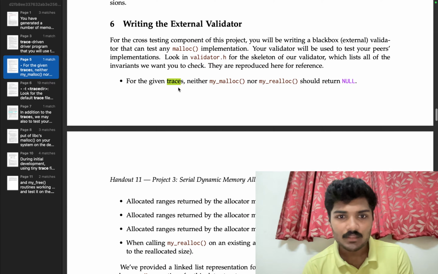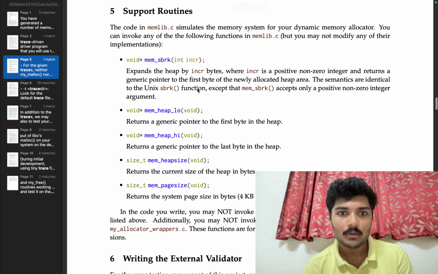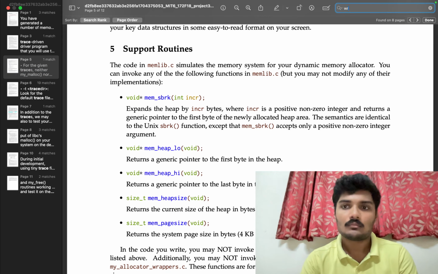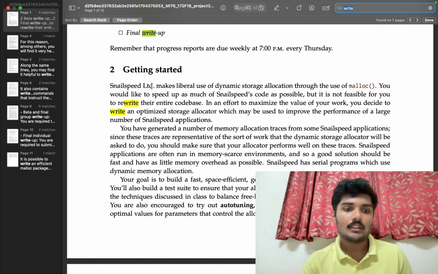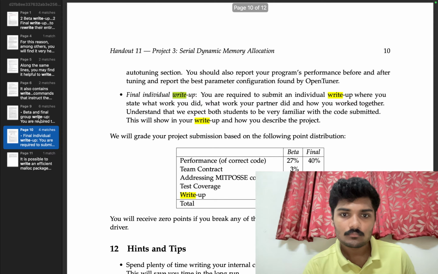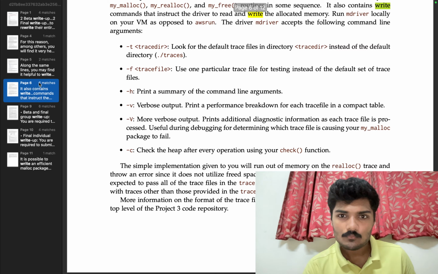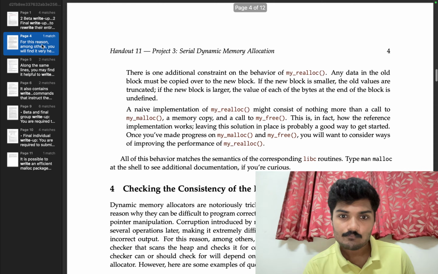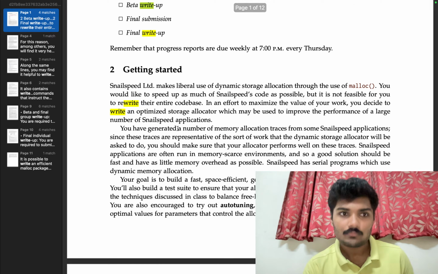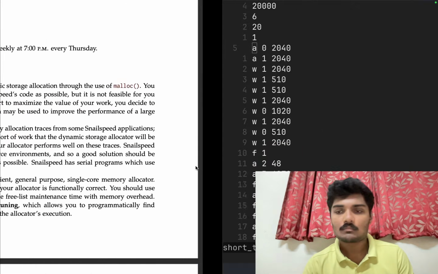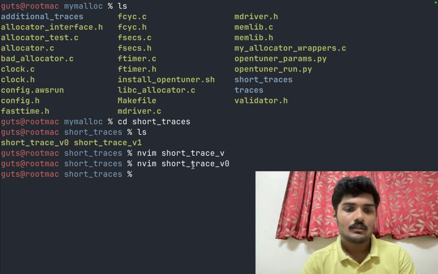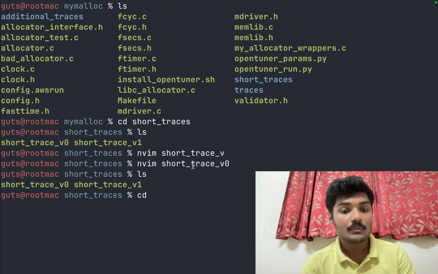I'm pretty sure A meant allocate, W meant write. Where did I read that? I think it was somewhere else. Maybe inside the readme. Yeah, it might be inside the readme.